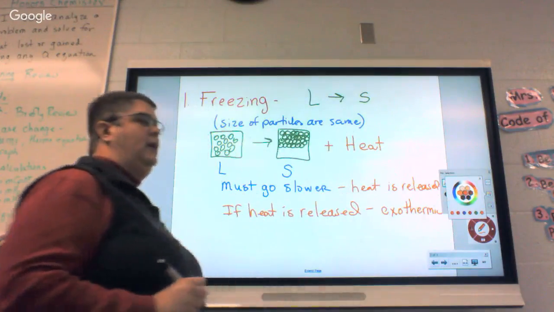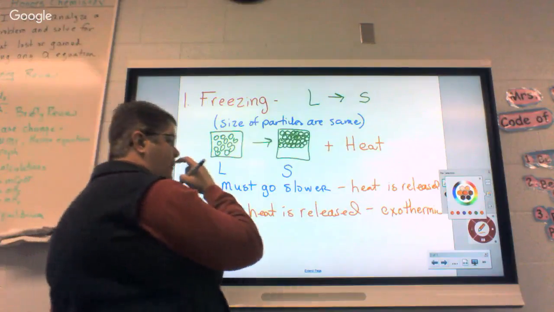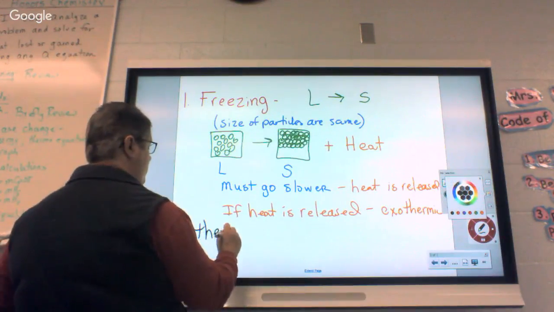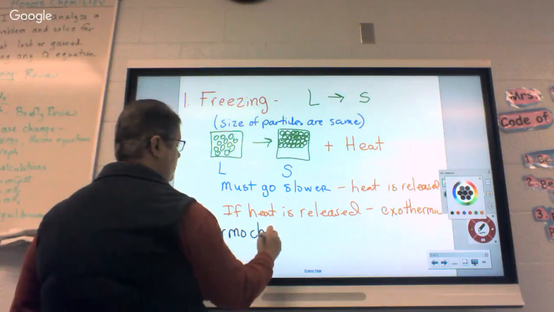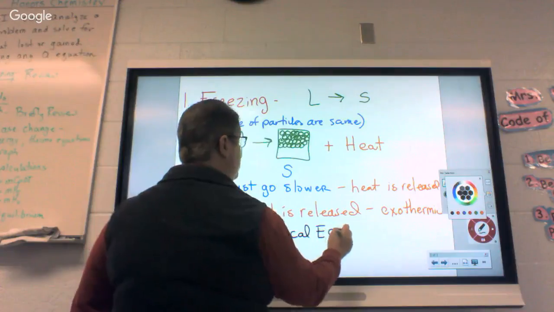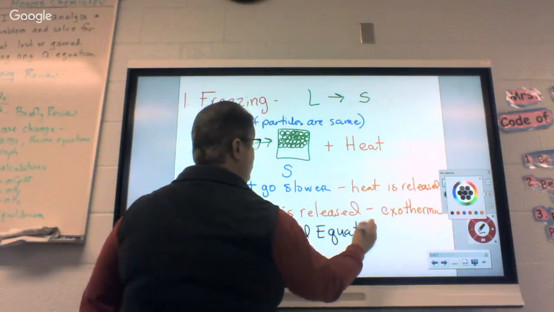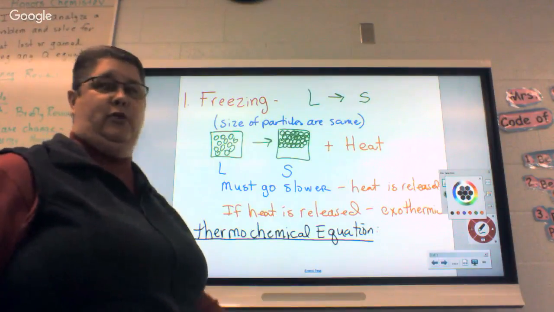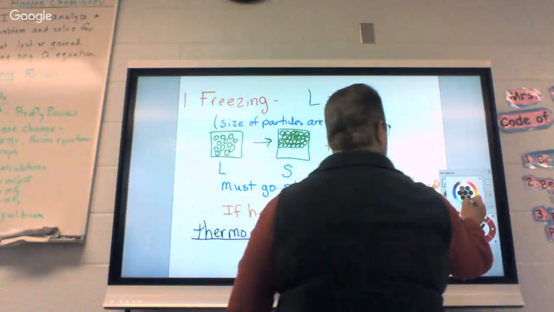Now, when we write the thermochemical equation, this has a name. It's called a thermochemical equation. You can do it with numbers, or you can just do it with the word heat. Doesn't matter which way you do it. We're not going to do it with numbers today. We will down the road.